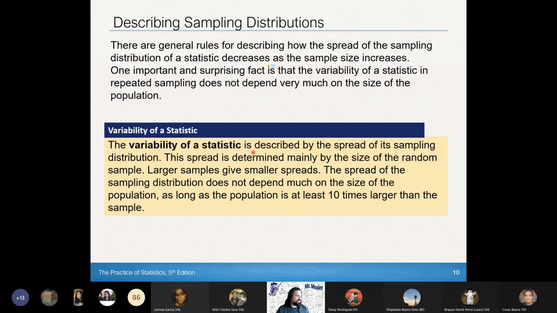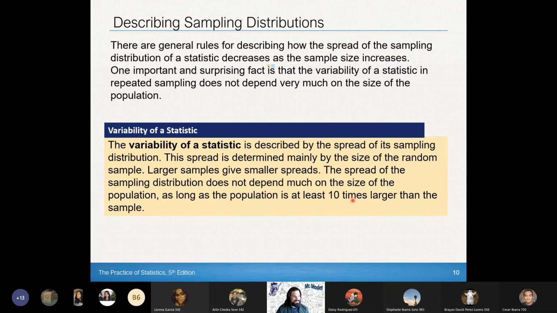The variability of a statistic is described by the spread of its sampling distribution. This spread is determined mainly by the size of the random sample. Larger samples give smaller spreads. The spread of the sampling distribution does not depend much on the size of the population, as long as the population is at least 10 times larger than the sample, meaning that the 10% condition has been satisfied.